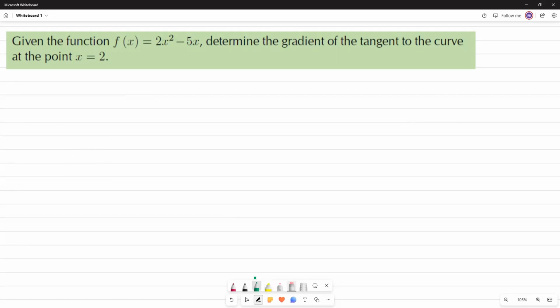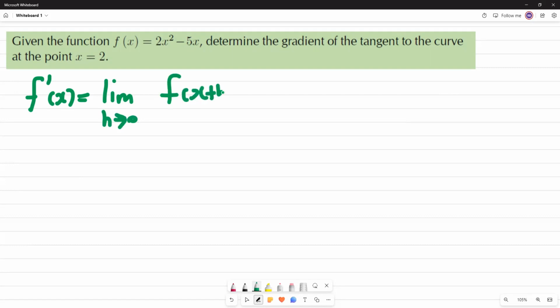Sharp. So the first principle, remember you firstly start by writing the formula. F prime of x, or the derivative of f of x, is the same as the limit as h approaches 0, f of x plus h minus f of x all over h, right? Remember I said this is the formula for first principles.